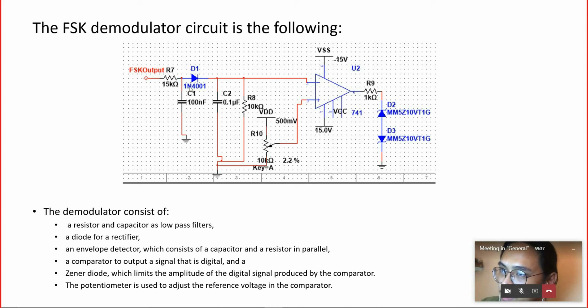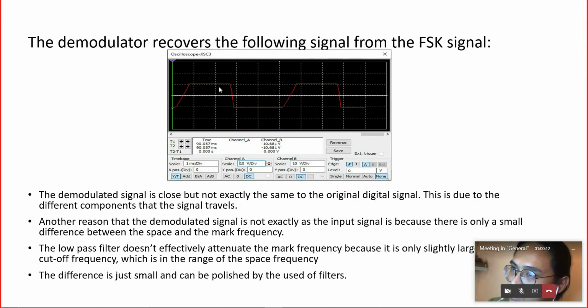But when it is in the space frequency, it will pass this filter, then it will be rectified by the diode, and then the envelope detector will be inputted to the comparator, which will then compare it to a reference signal, which you can adjust using a potentiometer to get the demodulated signal. So the output of this demodulator circuit will be shown in the following.